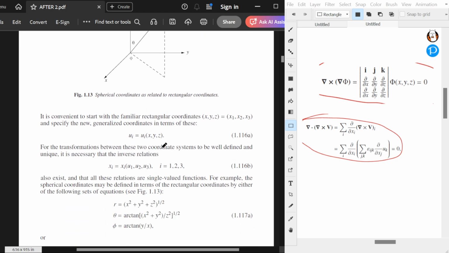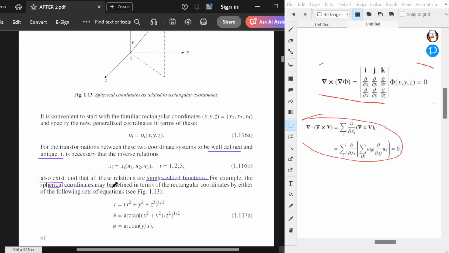For the transformations between these two coordinate systems to be well-defined and unique, it is necessary that the inverse relations also exist, and that all these relations are single-valued functions.